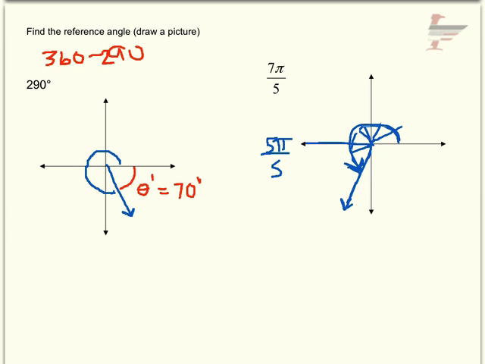And so I am going to 7/5, and I need to find the reference angle again, which is an acute angle that connects to the x-axis, so it's going to be this. Well, if I know that this is 5/5, and I need the difference between 7/5 and 5/5, it's pretty clear that that's going to be 2/5, but I can certainly subtract 5/5, or a pi, right? And I can see that that reference angle, theta prime, is 2/5 pi.